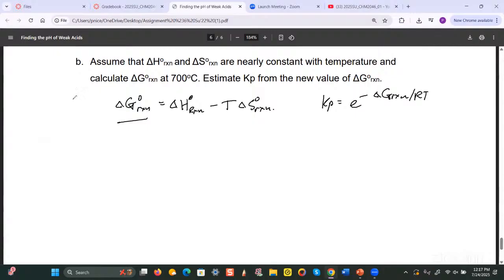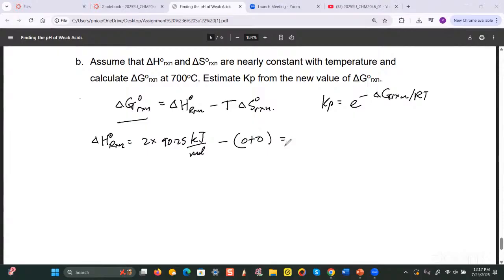So delta H of the reaction will be equal to the sum of the enthalpy of the products, which would be 2 times 90.25. So we'd have to look up the value for the enthalpy of formation of the NO, kilojoules per mole, minus 0 plus 0, again, right?